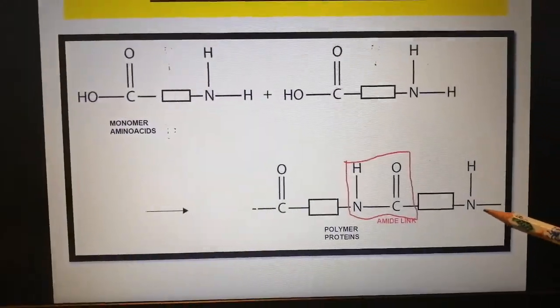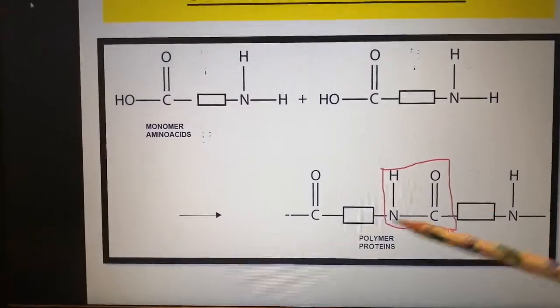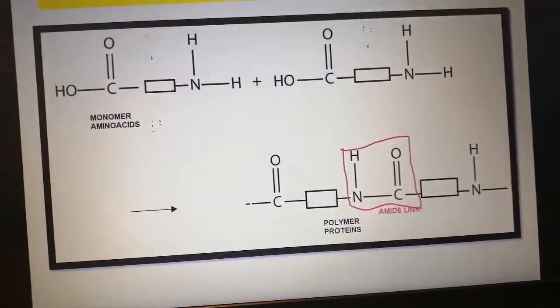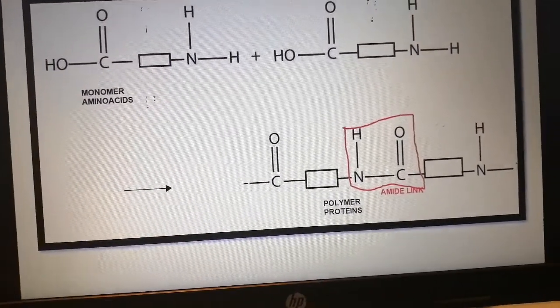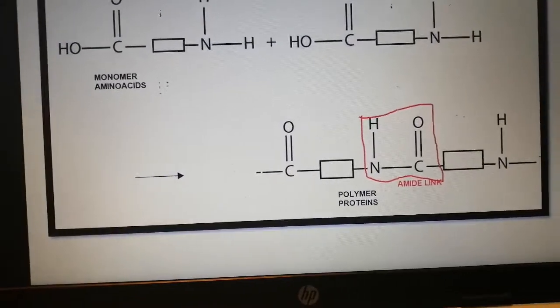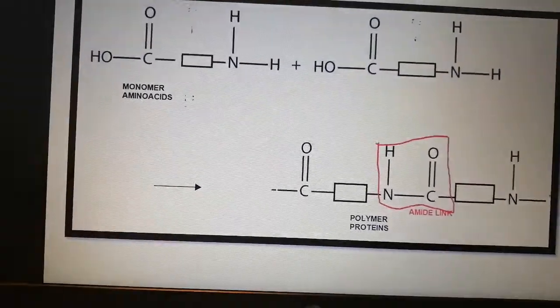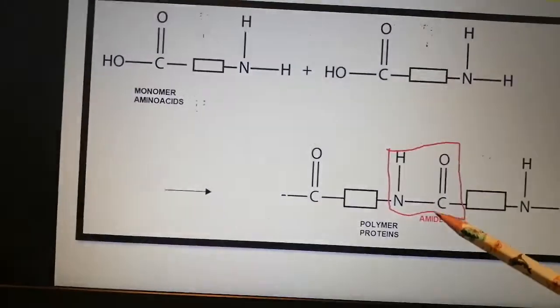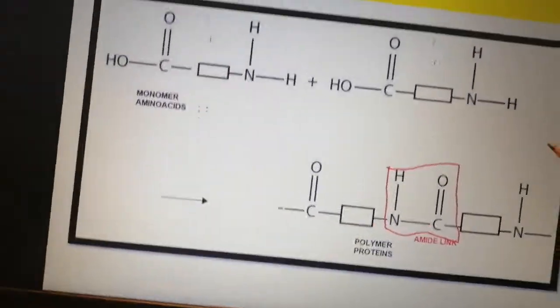Every time we should have valency on the open ends, on both the ends of the polymer. That means this polymer can add more monomers to it. The CONH bond is the amide bond or amide link, or usually in proteins we call it the peptide bond.